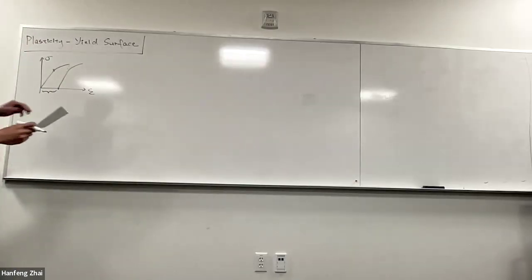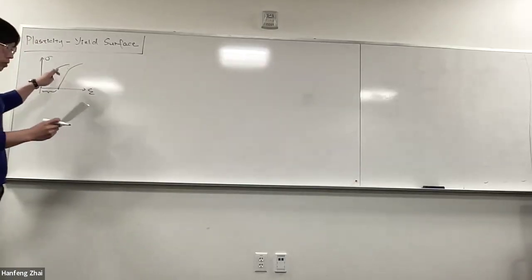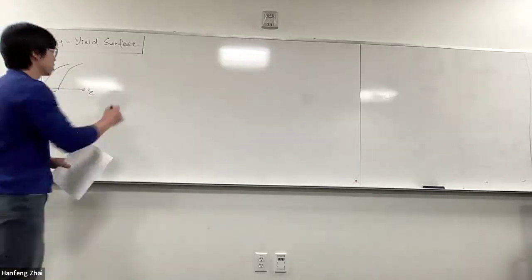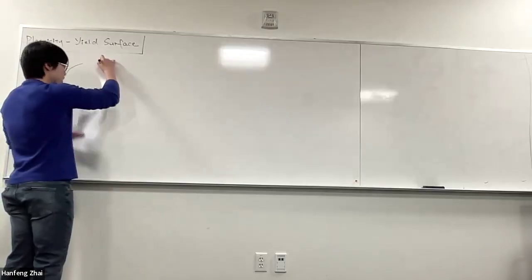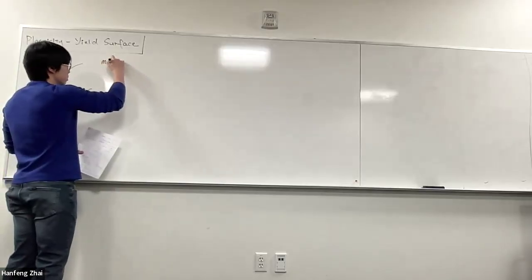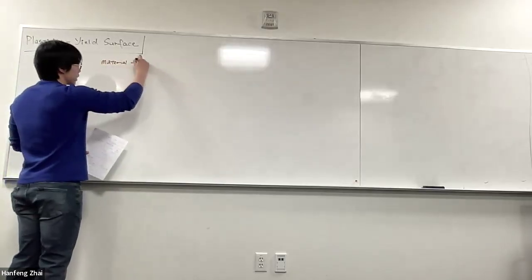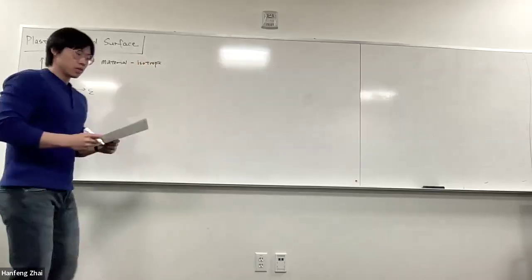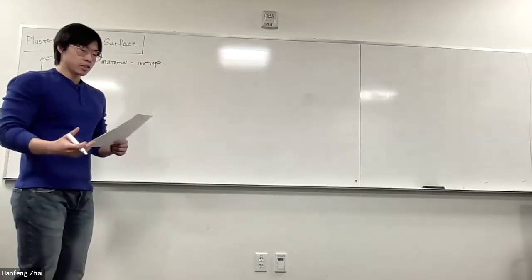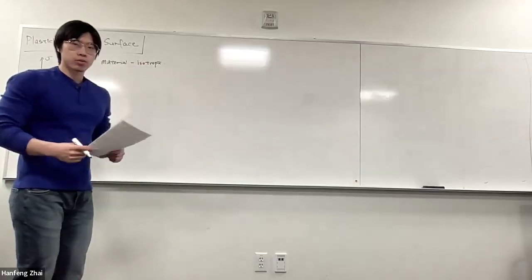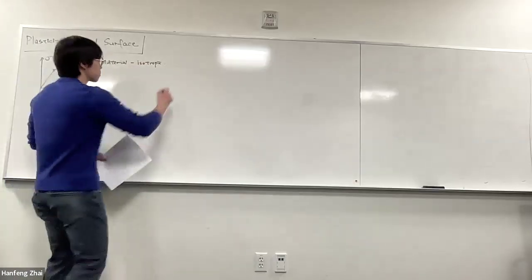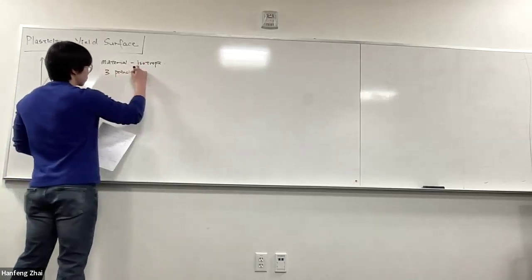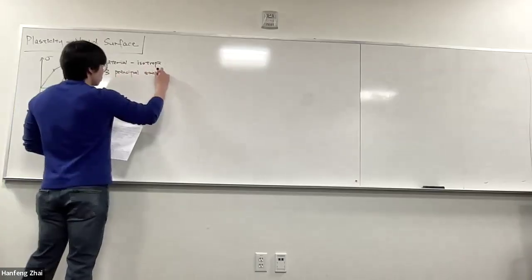So today we're mostly talking about the yield surface, when the material starts to yield. Recall in the lecture, we defined that if a material is isotropic, the plastic behavior can be described by three principal stresses.